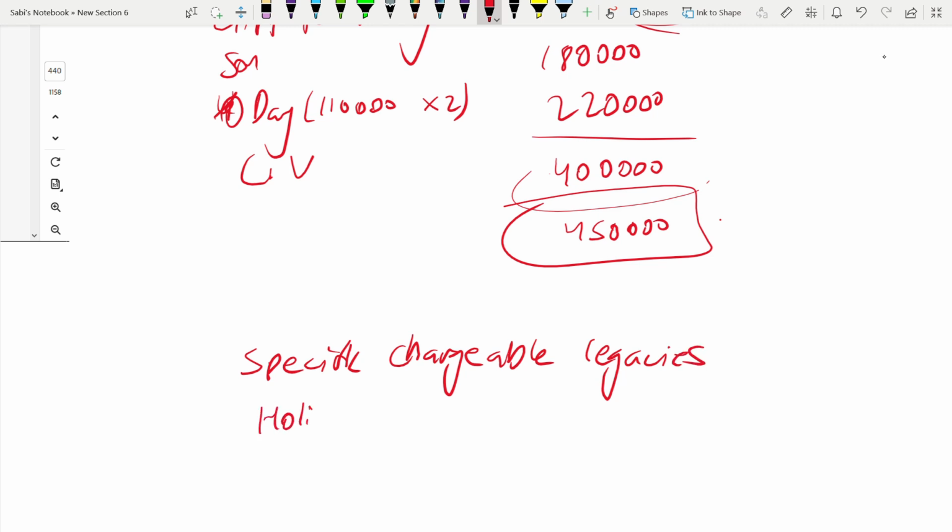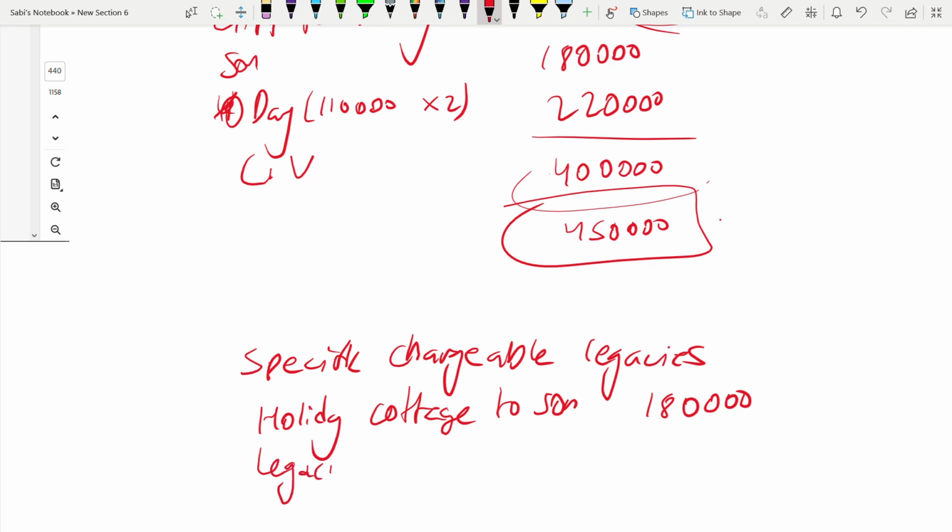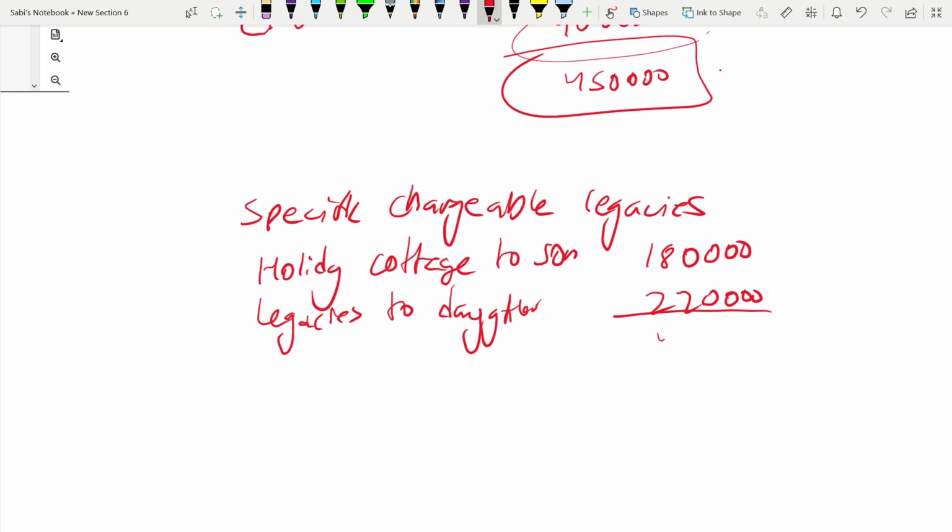Holiday cottage to son, that is chargeable. How much? 180,000. Then legacies to daughters, it's 220 because 2 into 110, that is 220,000. Net chargeable estate is 400,000.